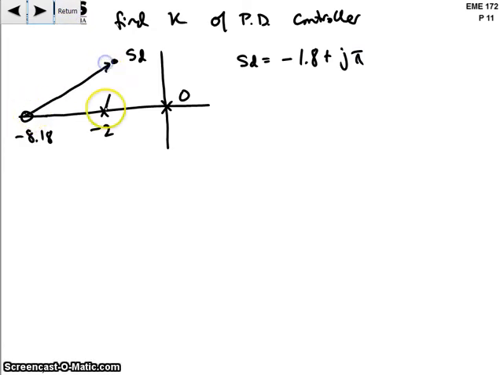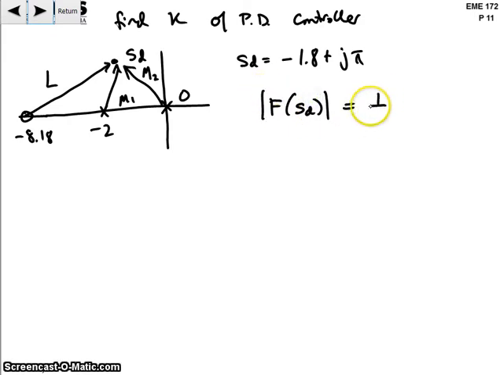I have this one, and this one, and this one, and I'm going to call this one L, and this M1, and this is M2. So the magnitude condition of the root locus says that F evaluated at s desired, magnitude, is going to be equal to 1 over k.